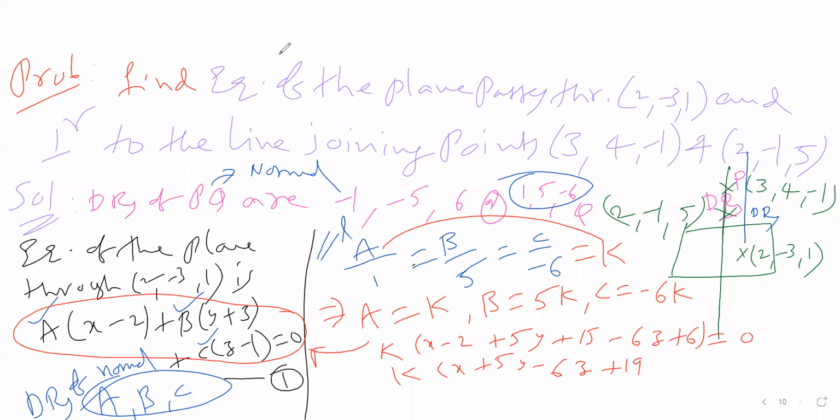Check: 15 plus 6 is 21, minus 2 gives 19, so 19 equals 0. Which implies x plus 5y minus 6z plus 19 equals 0. So this is the equation of the required plane, right?